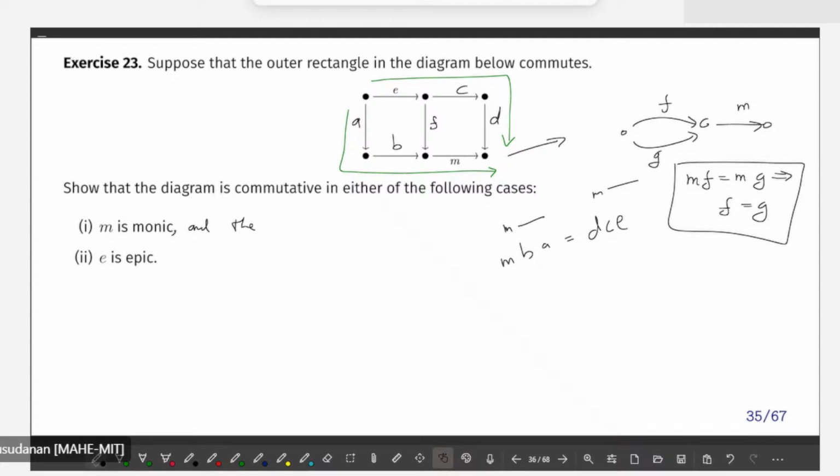So M is monic and left square commutes. Yes. Yeah, please add this to the question. Yeah, so that's the question.